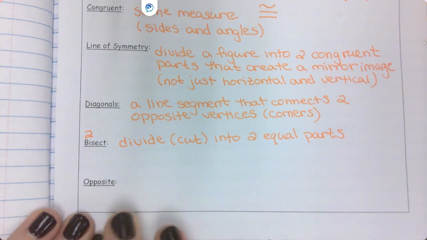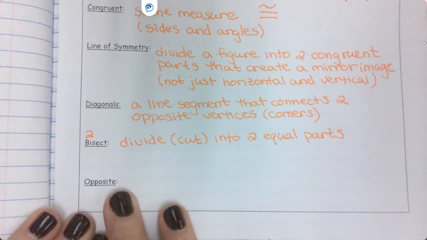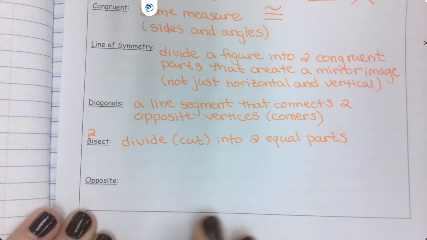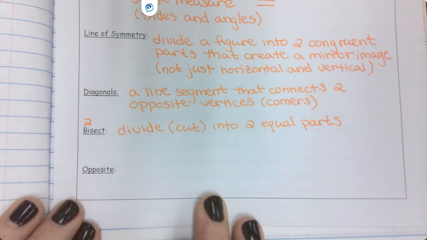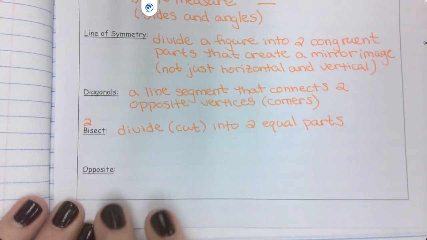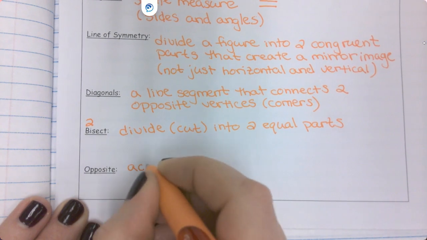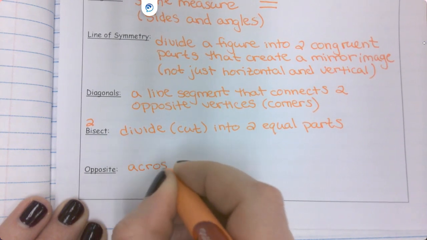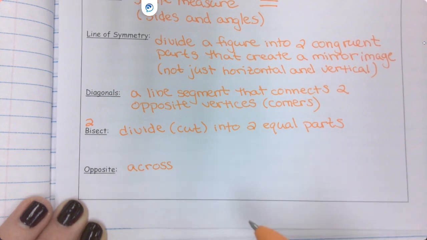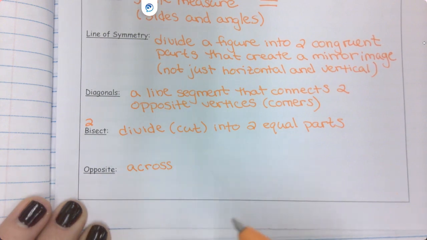Now opposite we've used a bunch already on this page. When we're dealing with this unit, we're talking about opposite sides or opposite angles. Those are going to be across from each other. So when we're talking about opposite in this unit, it's more in terms of their placement in relation to something else, not opposite in terms of like good and bad, or opposites like that.